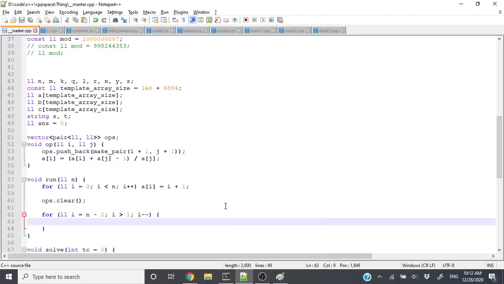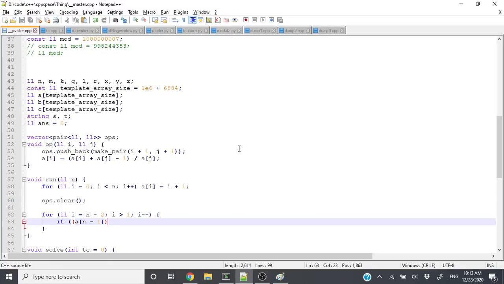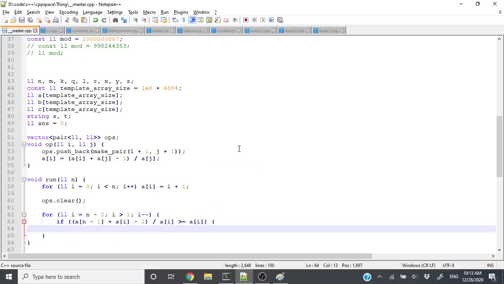So let me say, if doing the operation on the last element will still make it bigger than this number, then this is our choice of k. So plus a i minus 1 over a i, or is greater than or equal to a i, then op i, m minus 1.